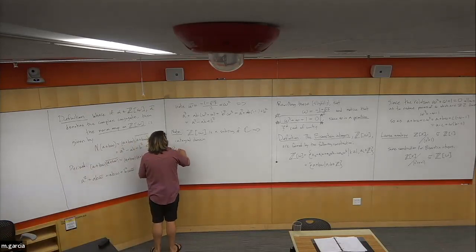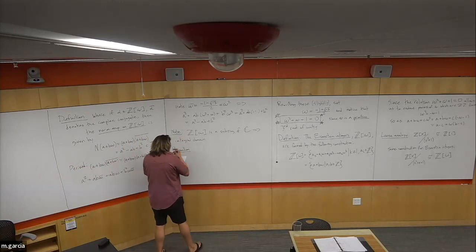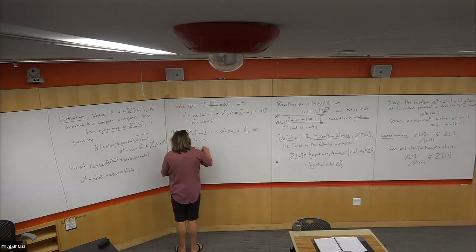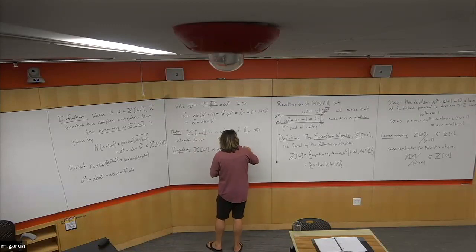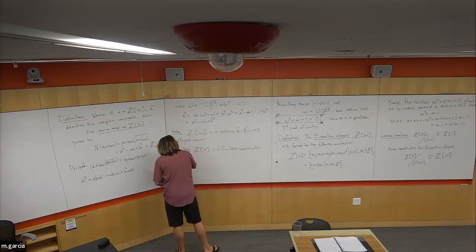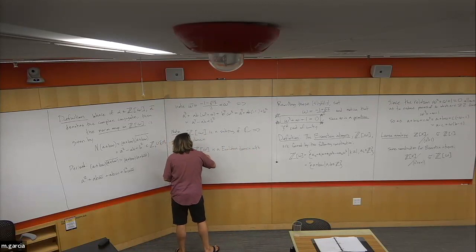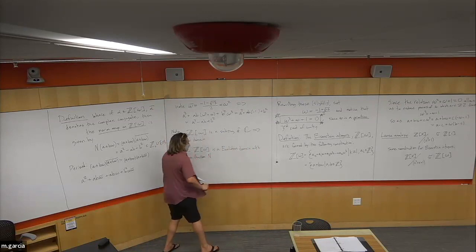Now, we can say even more. The Eisenstein integers is a Euclidean domain with Euclidean function the norm map that we just defined.